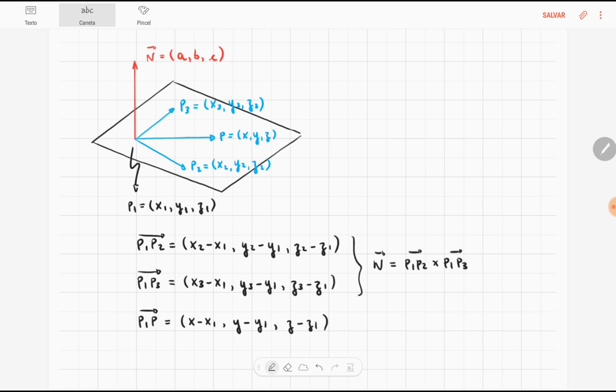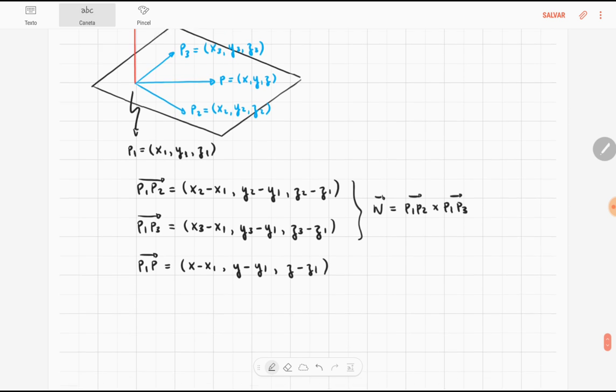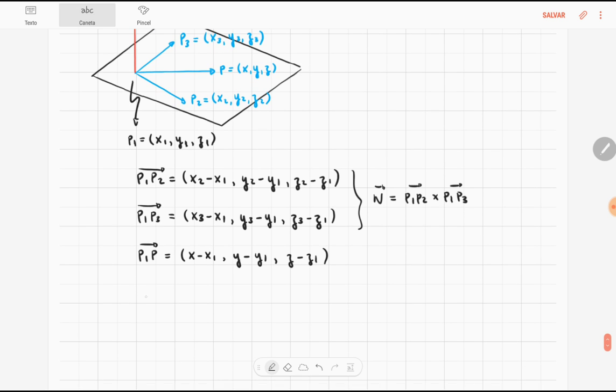And once we know the coordinates of vector n, we know that it's orthogonal to the plane, and consequently it's orthogonal to vector P1P. So we know that the dot product between vector n and vector P1P is equal to 0 because both vectors are orthogonal.